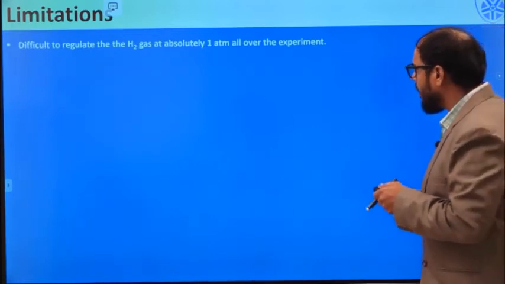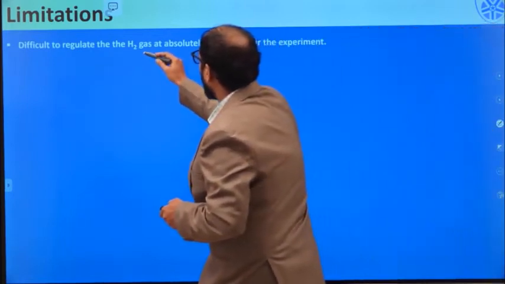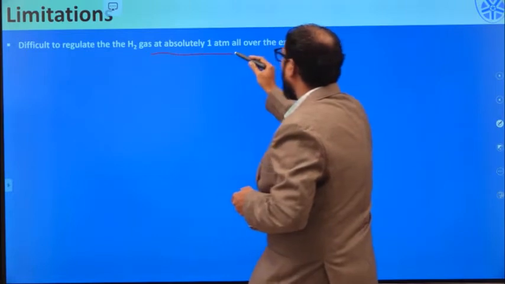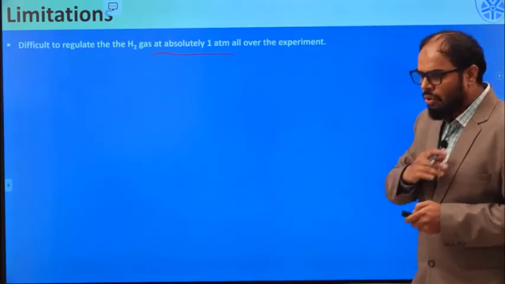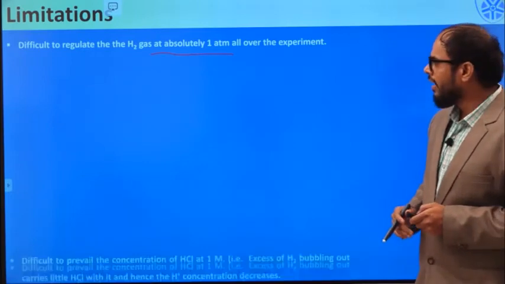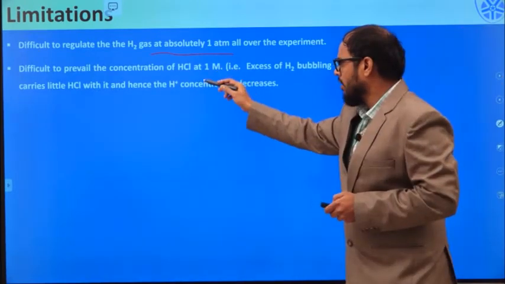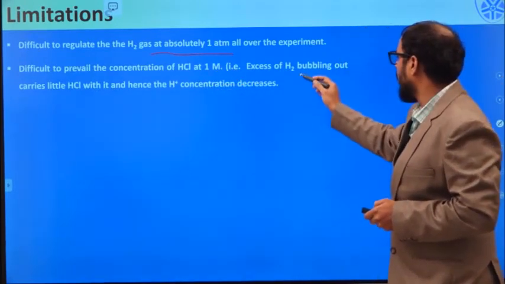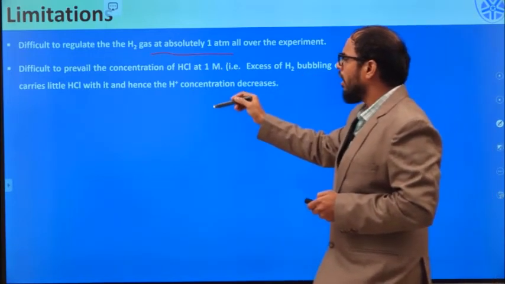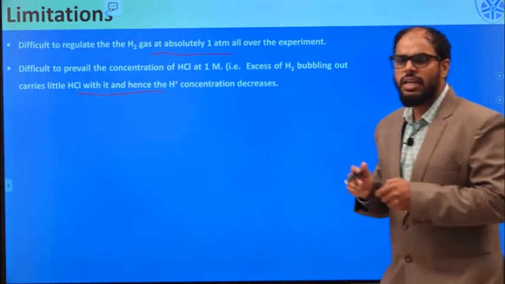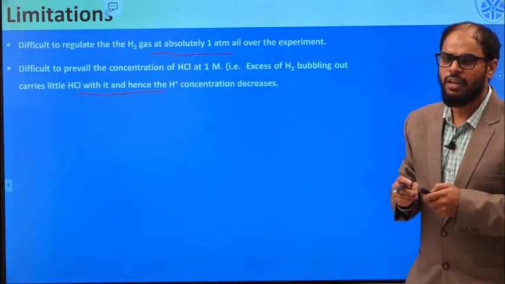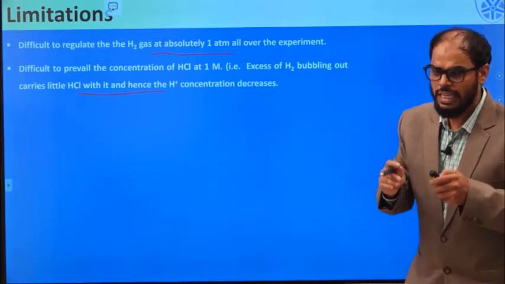It is very difficult to regulate the hydrogen gas at absolutely 1 atmospheric pressure throughout the experiment. Secondly, the hydrogen gas will keep on bubbling out some amount of HCl, so this will decrease the concentration of HCl and the concentration of H plus ions.